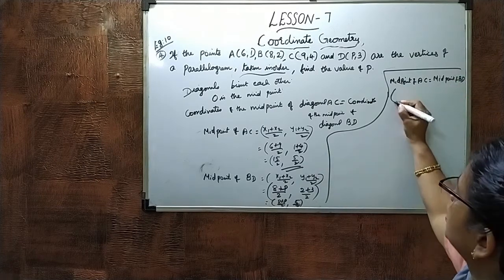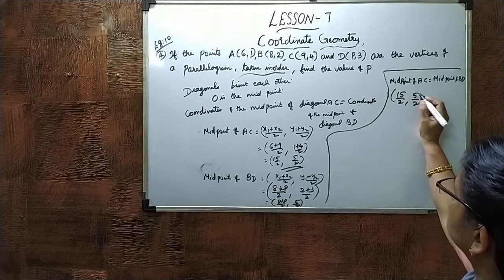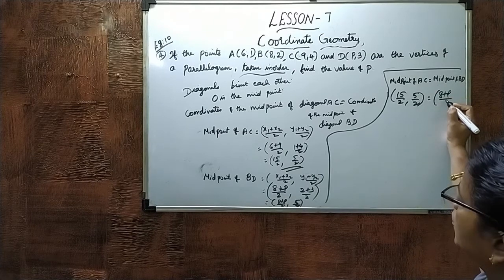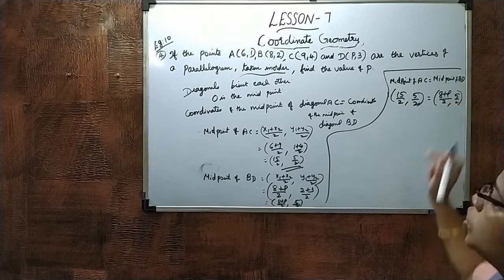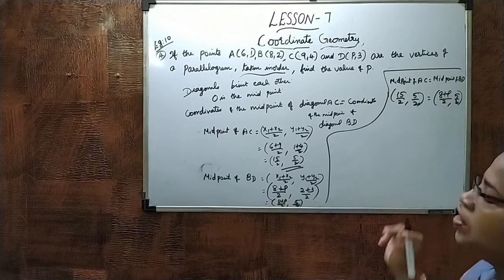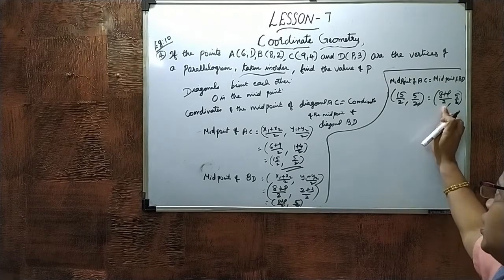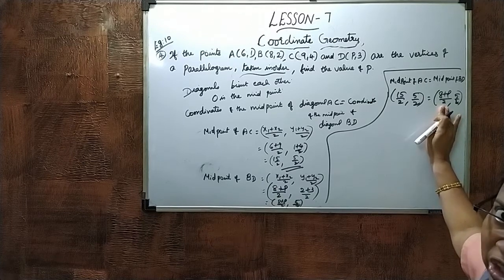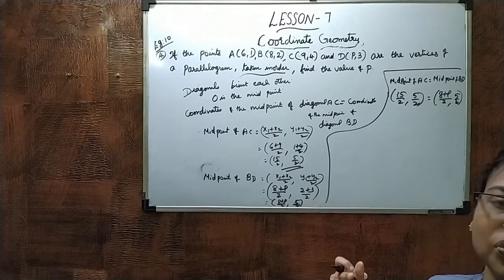So it will be 15 by 2 comma 5 by 2 should be equal to 8 plus P divided by 2 and 5 by 2. Now look, we want only the value for P. So just equate the x coordinates. Here P's value only from x coordinate we are getting, right? Here all the other things are the same and there is nothing to find out.